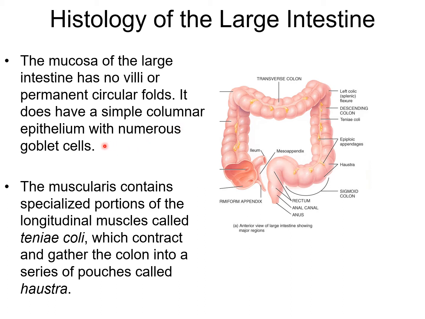In the large intestine, there is copious mucus production to provide lubrication for the fecal material that is drying out as it's moving through the colon and eventually to the rectum. The muscularis has smooth muscles. We have seen that in the stomach, in the small intestine.